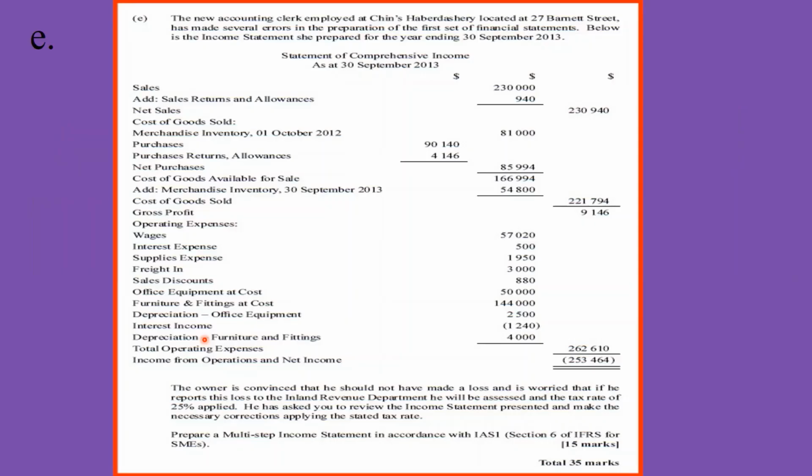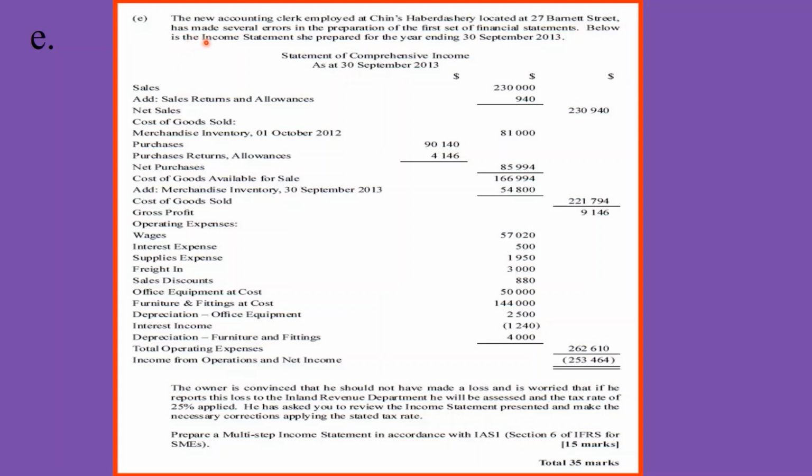We are given some data here, and as usual, the first thing we should do is read what is required of us. Prepare a multi-step income statement in accordance with IAS 1, Section 6 of IFRS for SMEs. Right, next we start looking at the top.